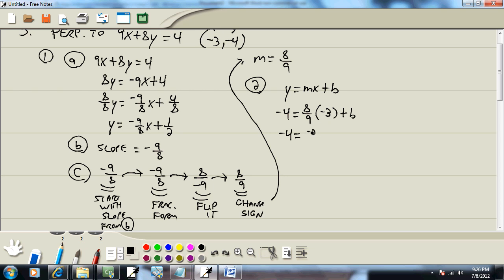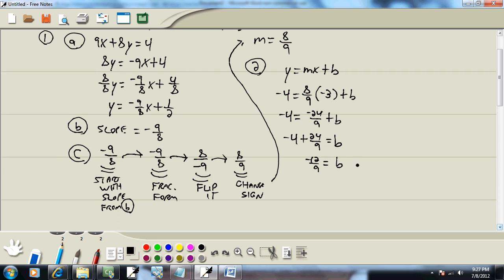Well, 8 times -3 is -24 over 9 plus b. Take the -24/9 to the left side, becomes a positive 24/9 equals b. And -4 times 9 is -36, plus 24 gives us -12/9. Now, I guess I could have reduced 24/9 before I started that. Top and bottom are both divisible by 3, and that gives us -4/3.